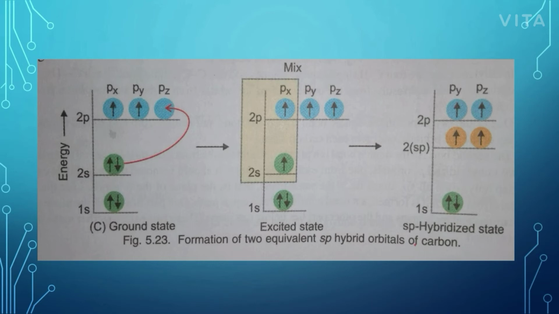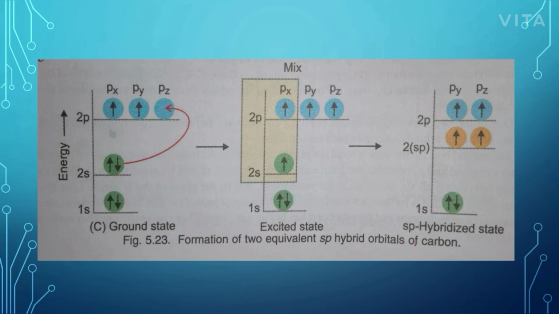This diagram explains the sp hybridization of carbon. In the ground state, the electrons are occupied like this: 1s2, 2s2 and 2p2, and in the excited state one electron from the 2s orbital jumps from 2s to the pz orbital.